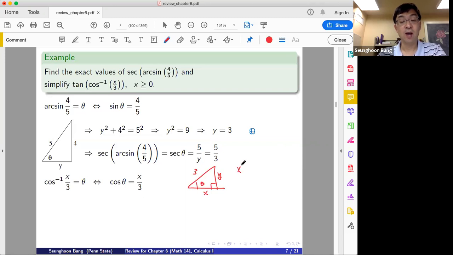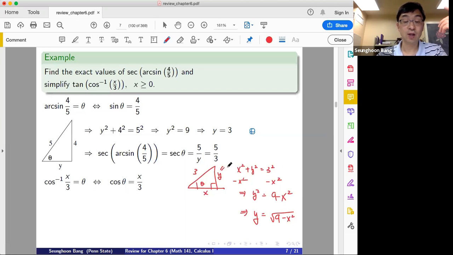So we have x squared plus y squared equals 3 squared. Subtract x squared from both sides, so we have y squared equals 9 minus x squared. You can take the square root, similar, and only think about the positive number: the square root of 9 minus x squared. So this is y.